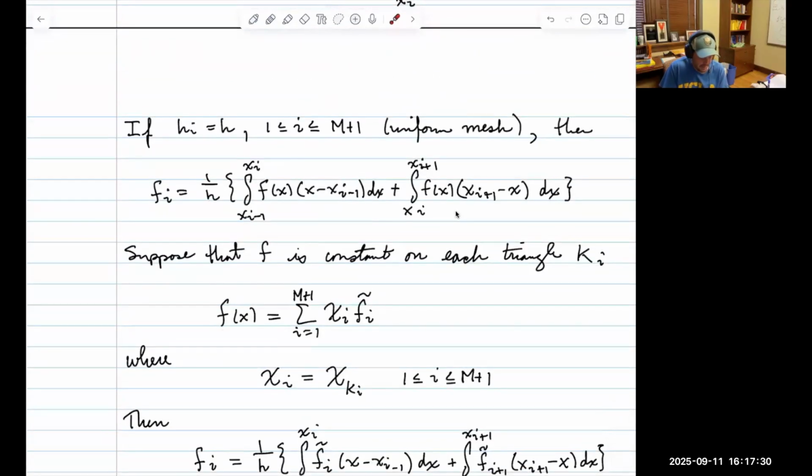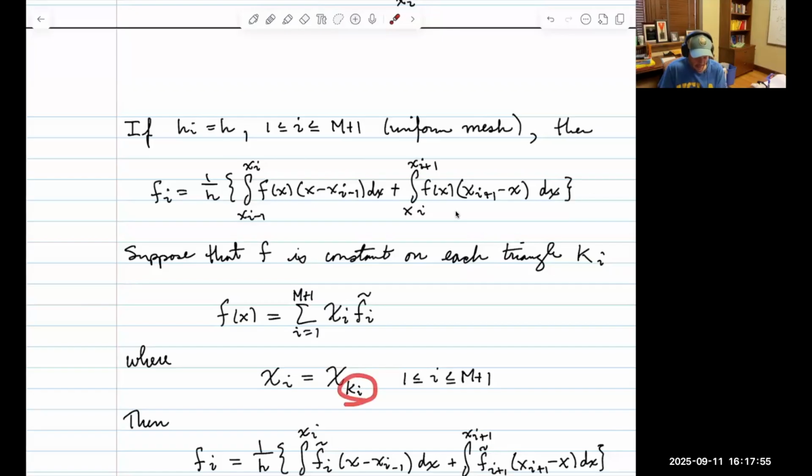Now, let's suppose that f is a special kind of L2 function. It's constant on each interval ki. So it's equal to a sum of characteristic functions, where chi is a characteristic function that turns on in the interval ki.